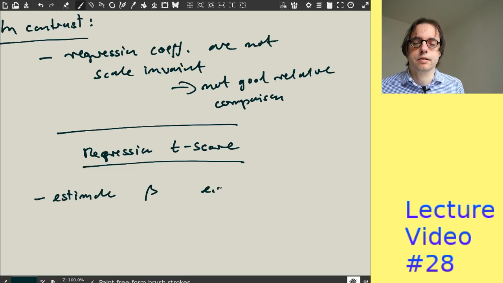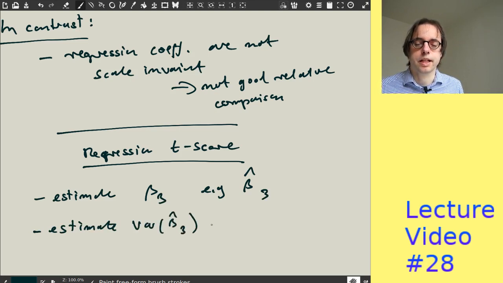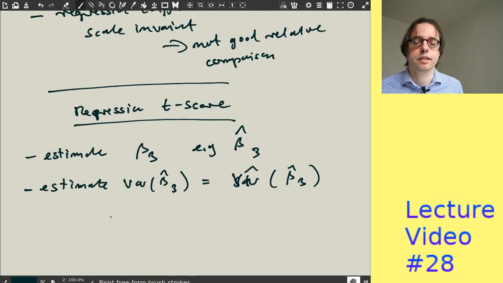For instance, you get beta hat, and let's say we have beta 3, and then we estimate beta 3, and then we estimate the variance of beta hat 3, and this we call variance hat of beta hat 3, and then we form a statistic, and this is our regression t-score.